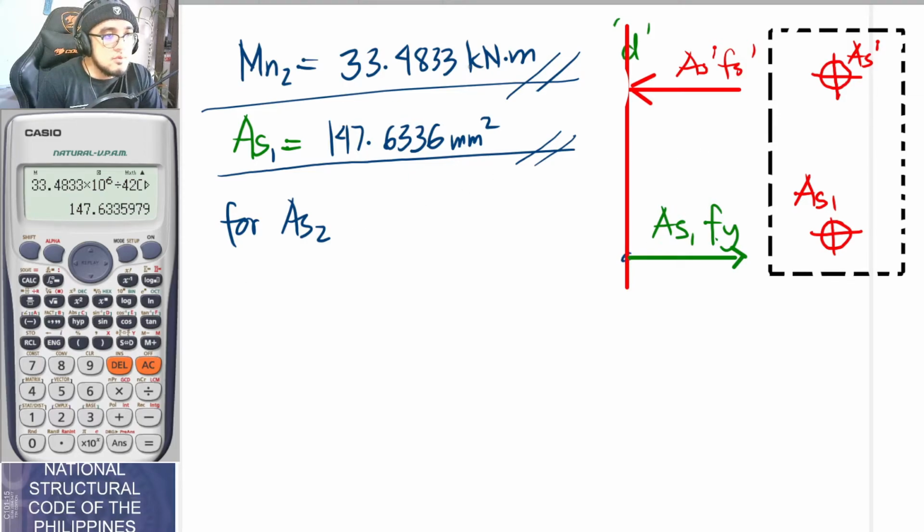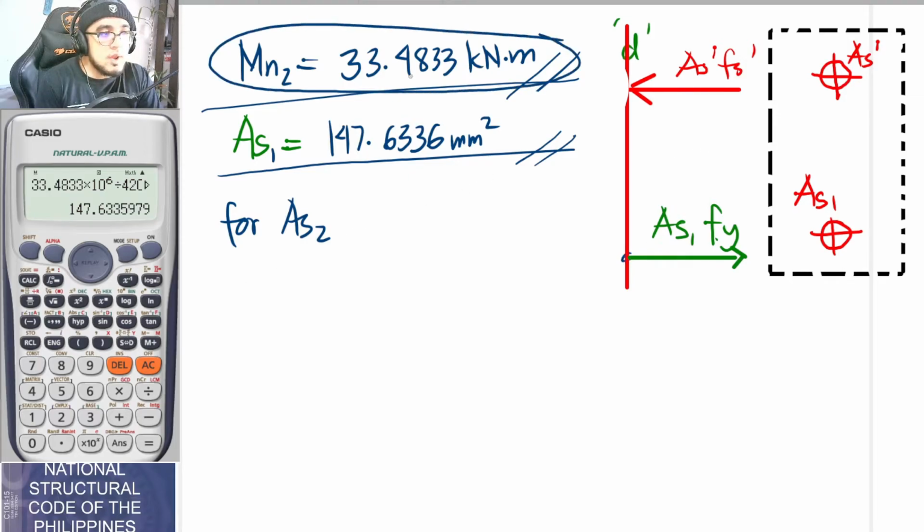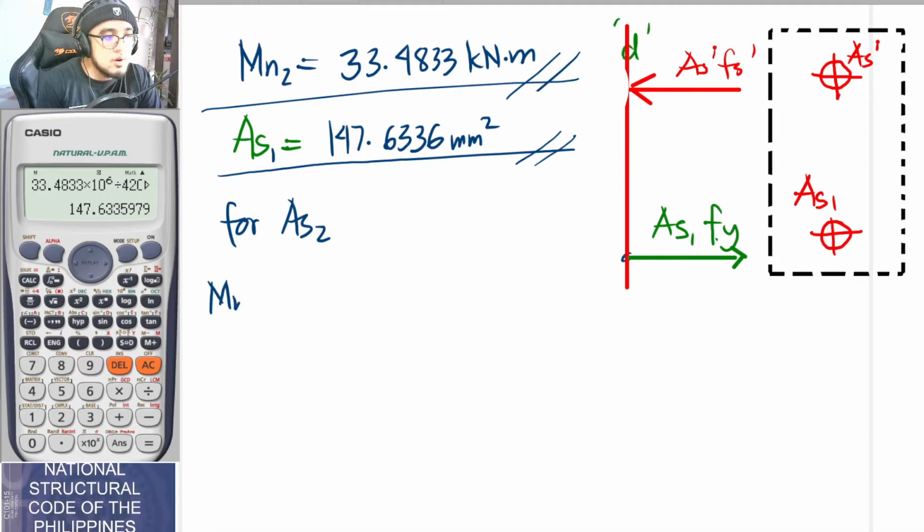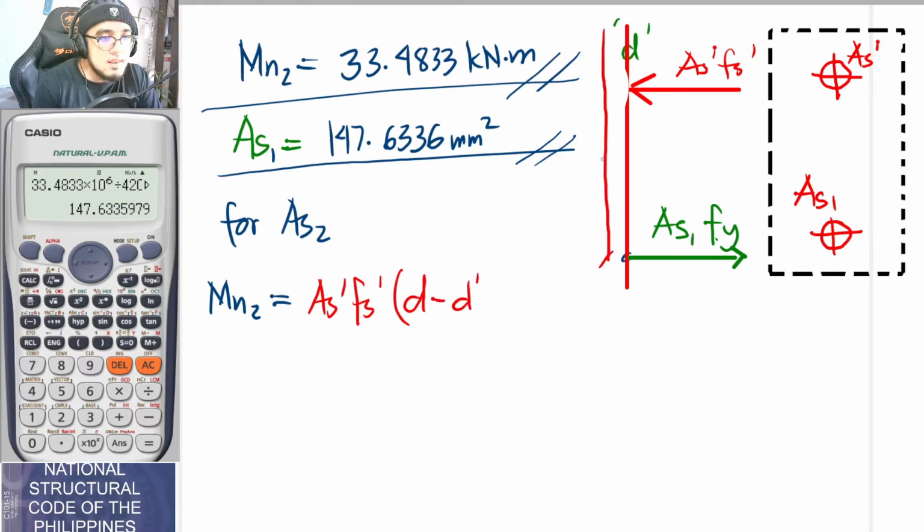So for AS2, once again, just equate this moment Mn2, and this should be equal to AS prime Fs prime times d minus d prime. Because this is the value of your d, then yung d prime natin, ito. Subtracting d prime from the value of your d would now result in your lever arm.